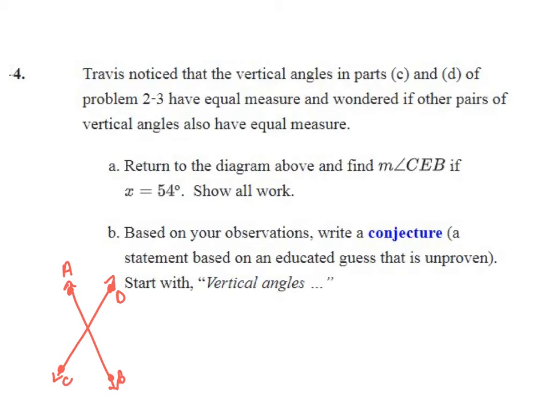Based on your observation, write a conjecture, a statement based on an educated guess that is unproven, and start with vertical angles. And I might say vertical angles are the same measure.